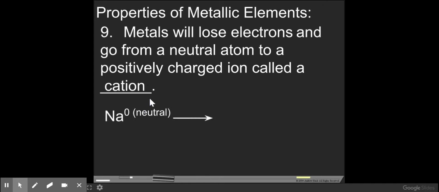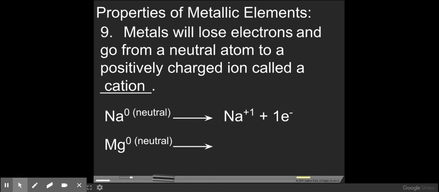So here you have a neutral sodium atom, just based off the periodic table. And when it loses an electron, it will then have more protons in its nucleus than electrons, so it will have a +1 charge. And this is showing that it lost 1 electron off of the sodium atom.